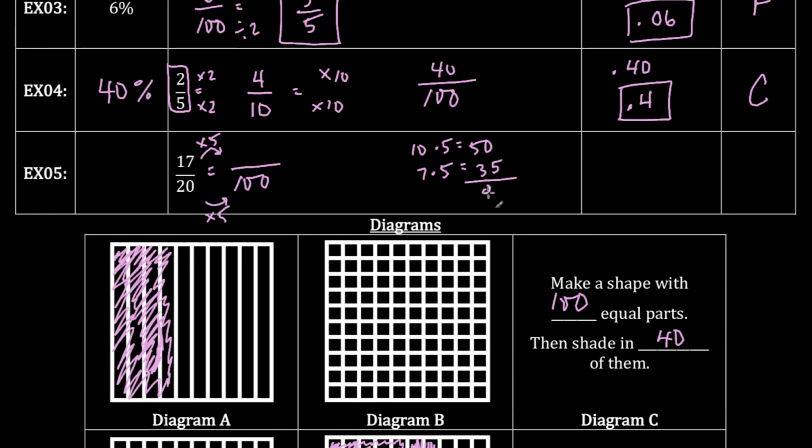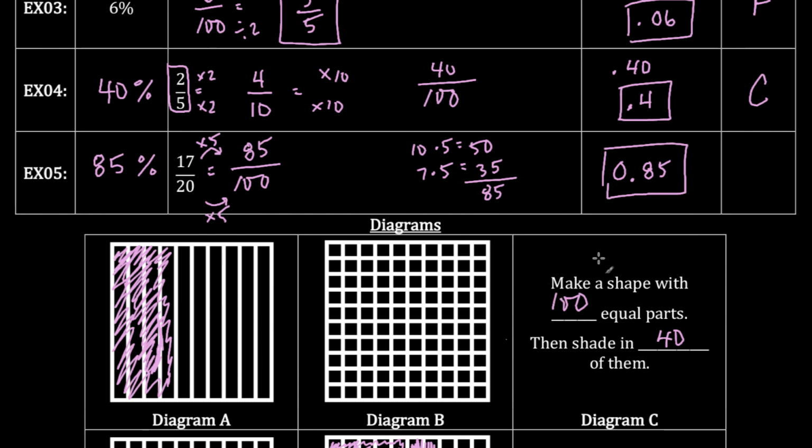So we get 85. Remember how we did that in the beginning of the school year? So 85 hundredths. So 17 twentieths is actually 85%. Oops, I'll draw that differently for y'all since this is the first time you're seeing percents. 85%, which is 85 hundredths. If you prefer to put the 0, you can put the 0 here also.